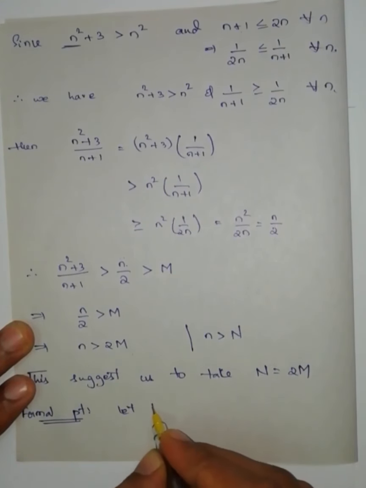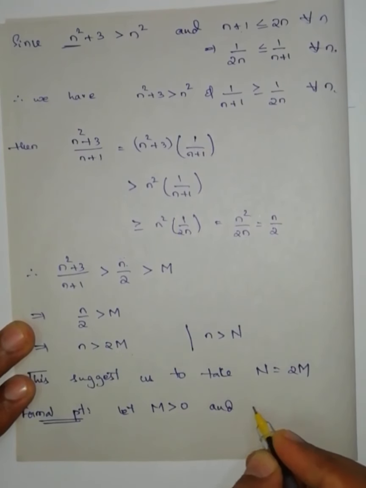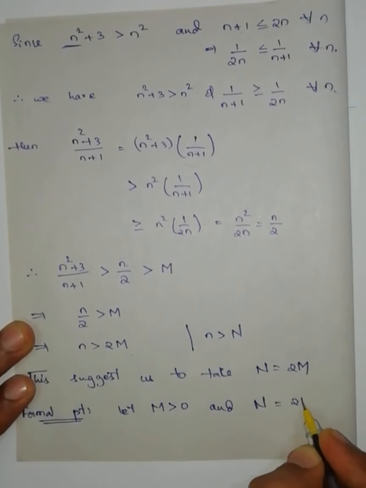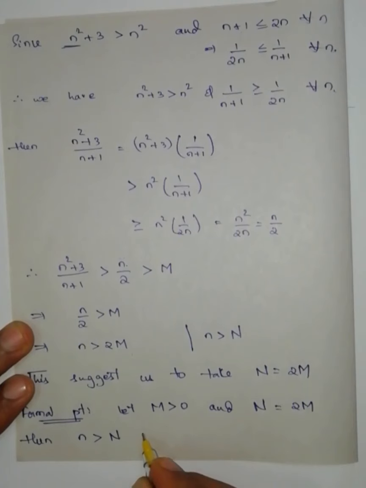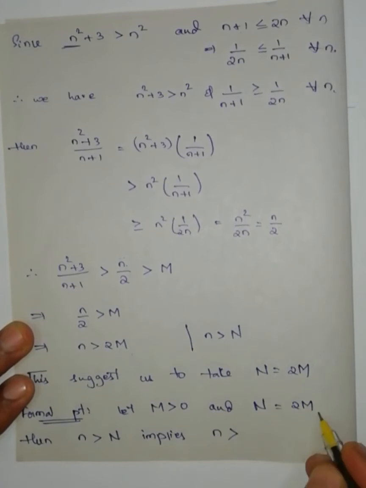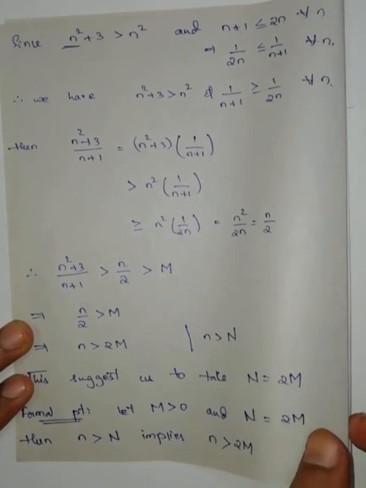Let us take any capital M greater than 0. According to this, I can take capital N equal to 2M. Then small n greater than capital N implies small n greater than what is capital N? 2M. Now cross multiply.